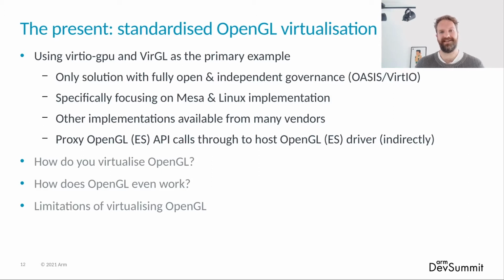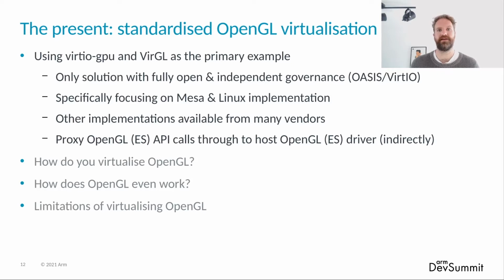So as I said, I can't really talk about the vendor solutions because that's completely up to them and it's something that isn't standardized. What we do have that's standardized though is what we call Virtio GPU. So this is a standard within the OASIS group who maintain Virtio. It's completely open and vendor independent.